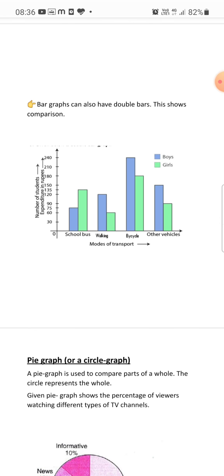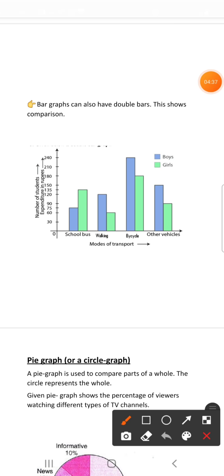Now bar graphs can also have double bars. You can see here, to compare we can make two bars also. Modes of transport and expenditure in rupees. This blue one is for boys and green is for girls. Now school bus. In school bus the expenditure of boys is 75 rupees and expenditure of girls is about 135.